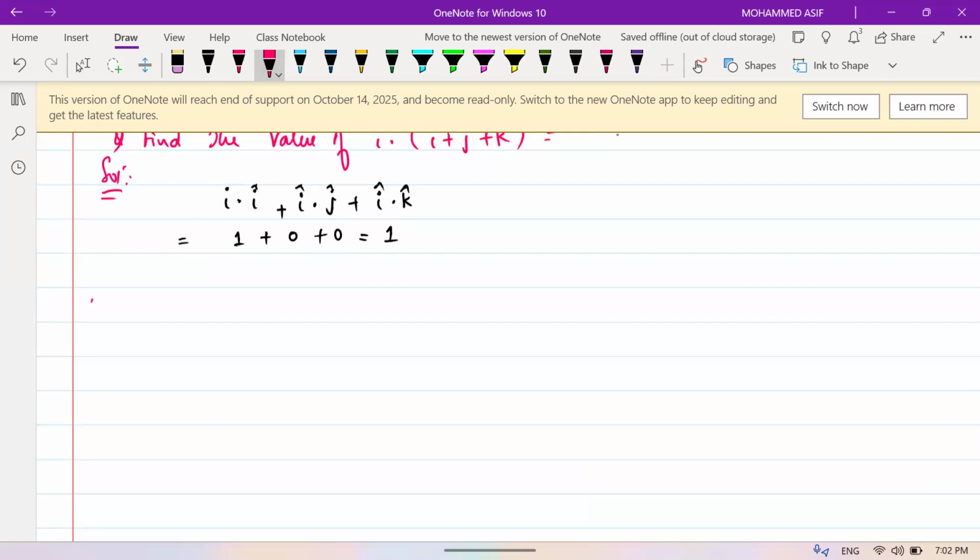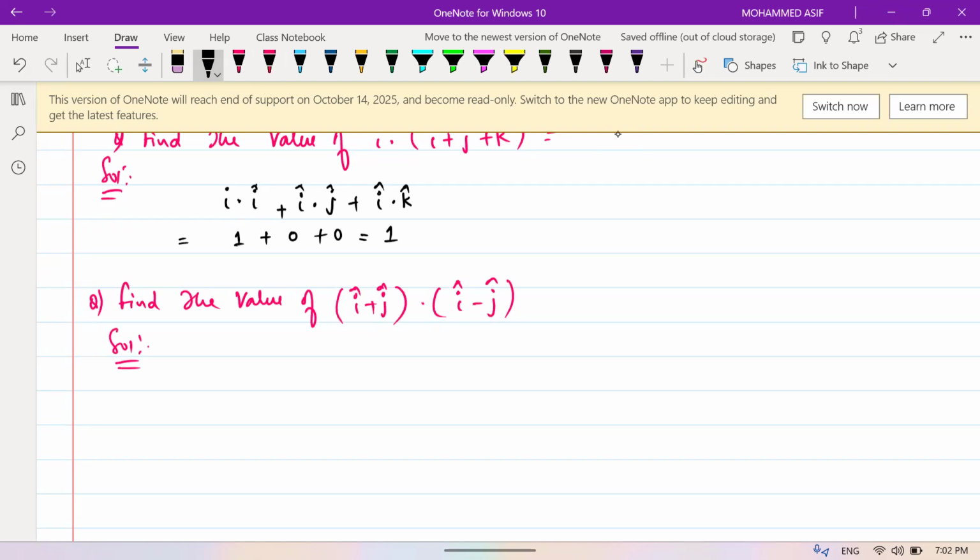One more question, faster. Find the value of i cap plus j cap multiplied with i cap minus j cap.